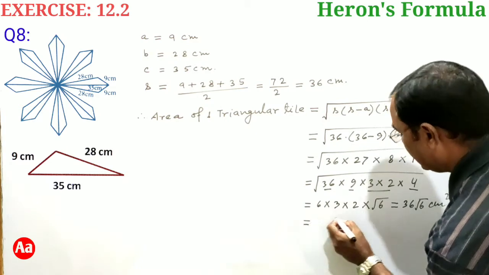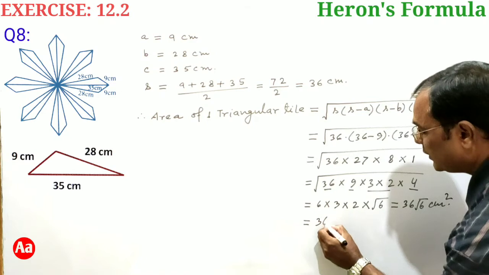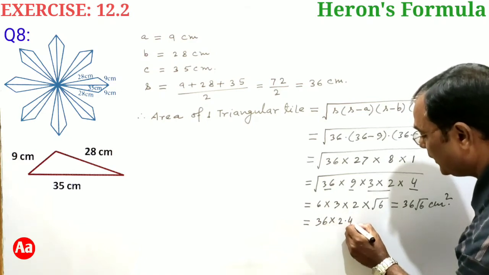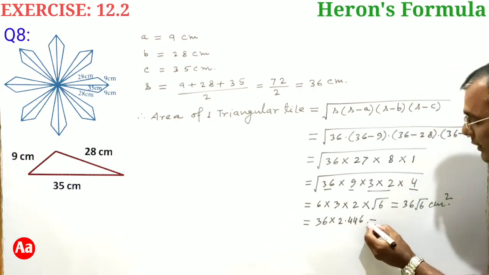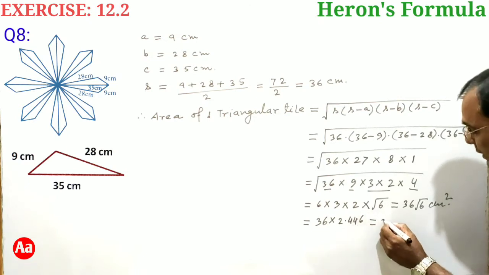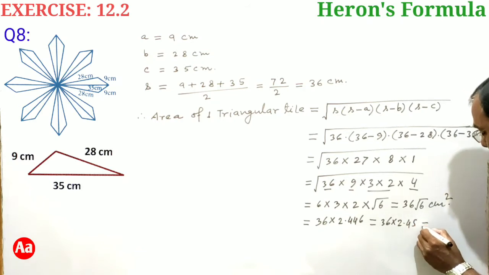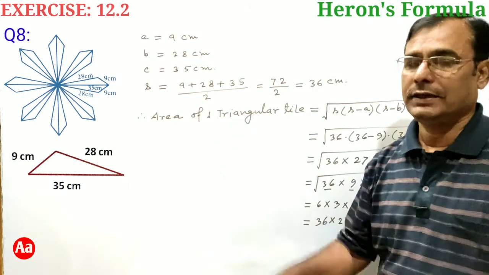So let's put the value of root 6. So this is 36 into the value of root 6 is 2.446, up to 3 places of decimal. So we can round it up to 2 decimal places, and 36 into 2.45 is equal to 88.2 centimeter square. It is the area of one triangular tile.